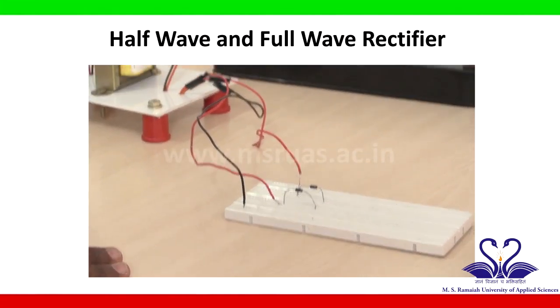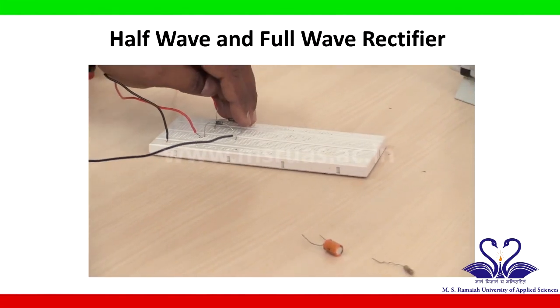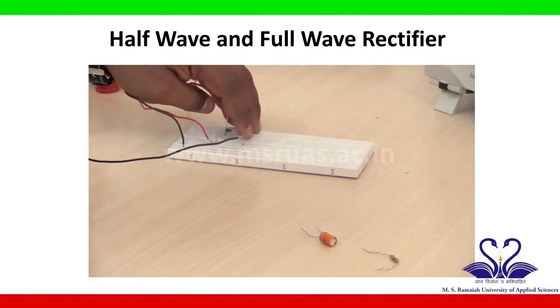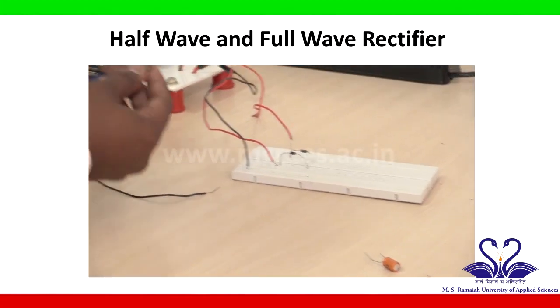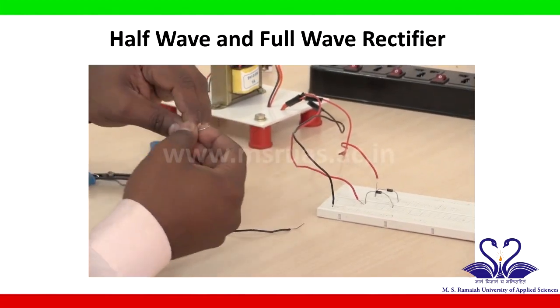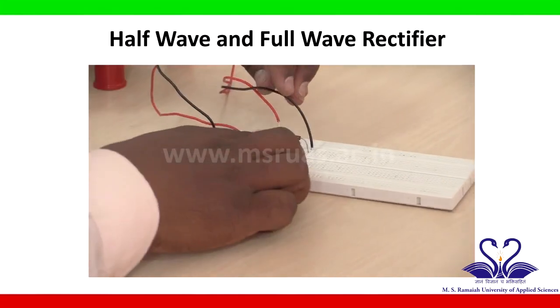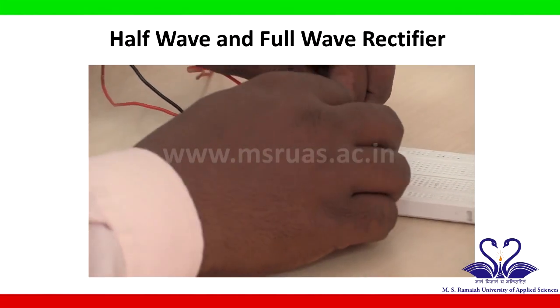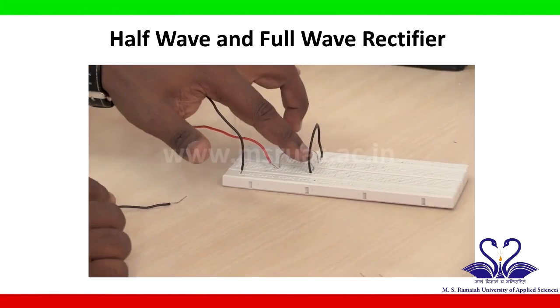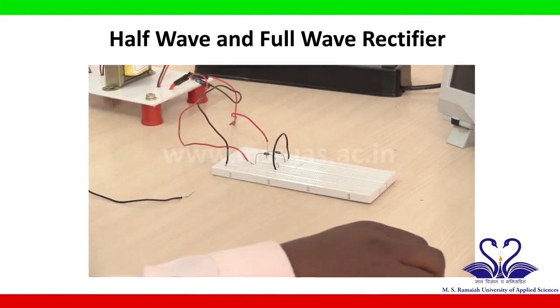Next, according to the given circuit, the N terminal of diode 1 and the N terminal of diode 2 are shorted. So I will take one small wire and short these two ends. This is the N terminal of diode 1, and this is the N terminal of diode 2. I will short these two, and this shorted point of the two diodes is connected to one end of a resistor.